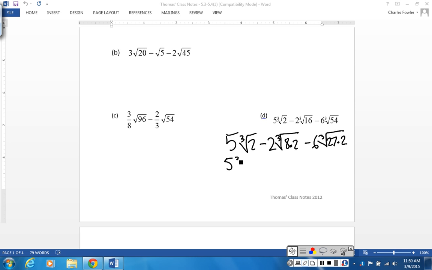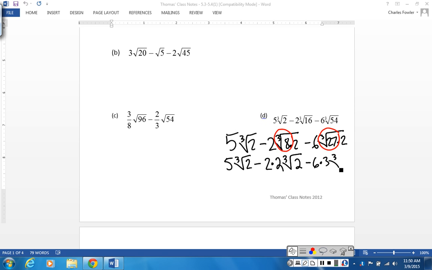So we have 5 cube root of 2 minus 2 times, since the cube root of 8 is also 2, a 2 will come out of the radical. And you're still left with this 2 right here under the radical, but a 2 came out. Minus 6 times the cube root of 27 is 3, so a 3 comes out.